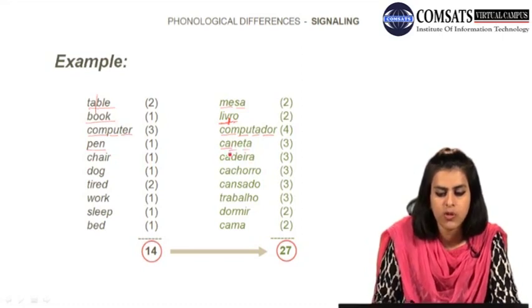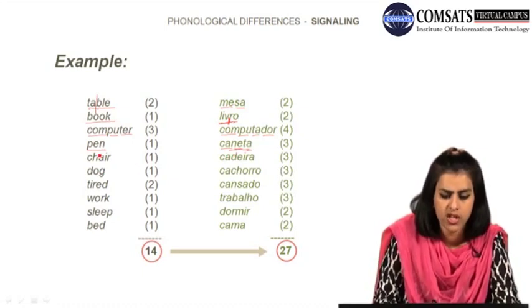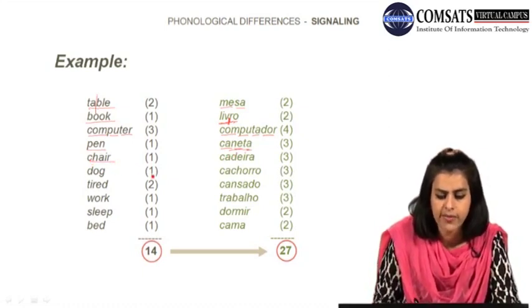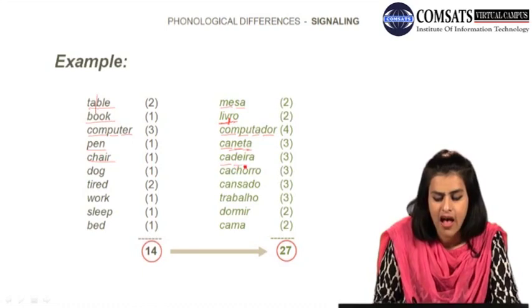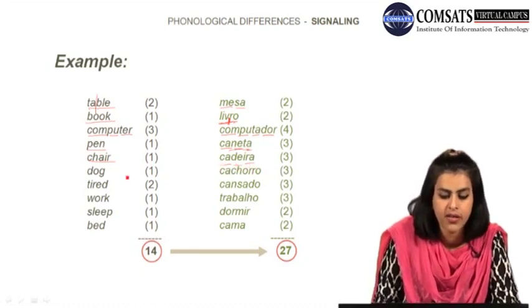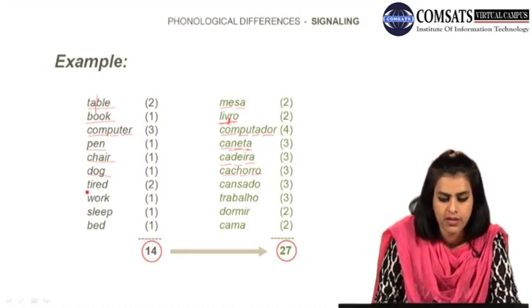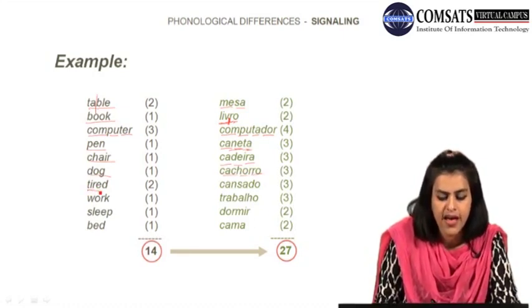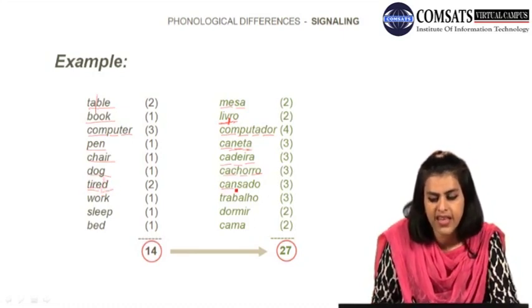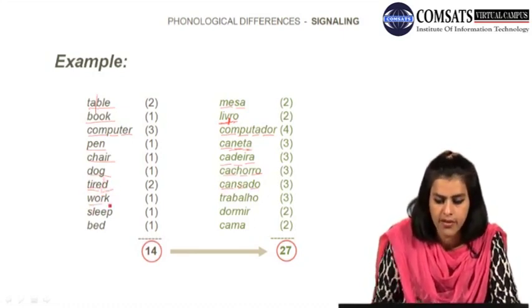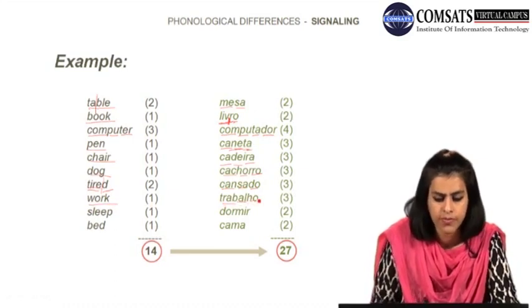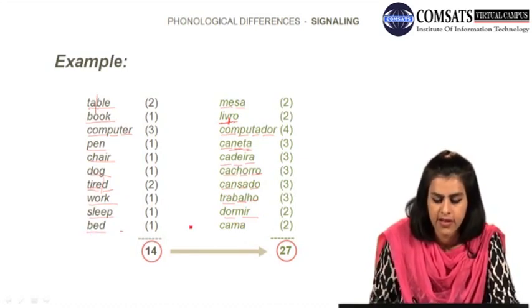So this is how you pronounce the word pen in Portuguese. Chair carries only one syllable. Cadeira. Dog, cachorro. Tired, cansado. Work, trabalho. Sleep, dormir. Bed, cama.